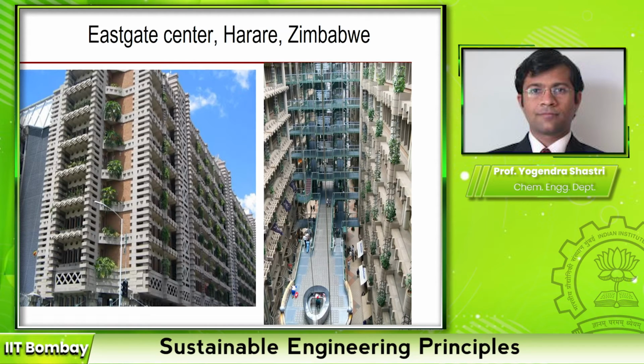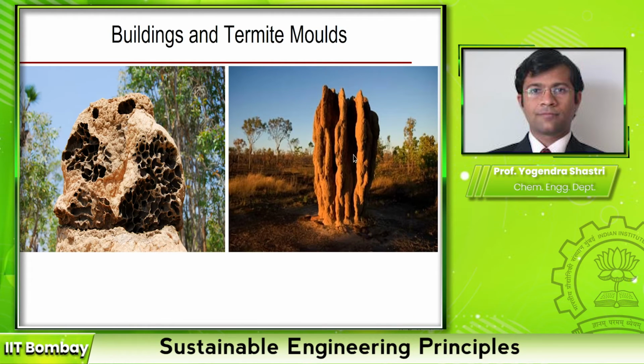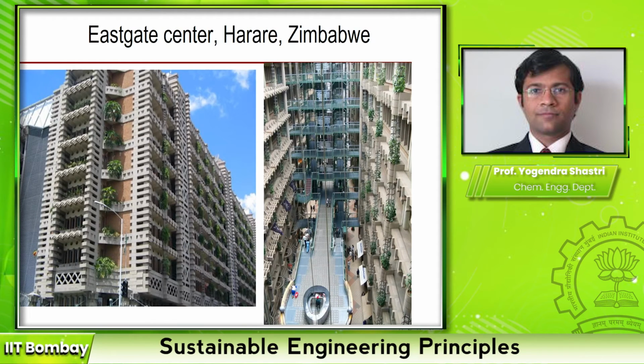Of course, when you are designing a building, you cannot exactly copy this design, because that will not be practically feasible. When you are building something, you have certain other requirements as well, like structural strength, usable space, safety, security. All those things will obviously play a role.